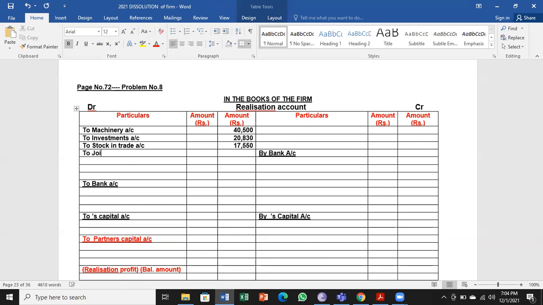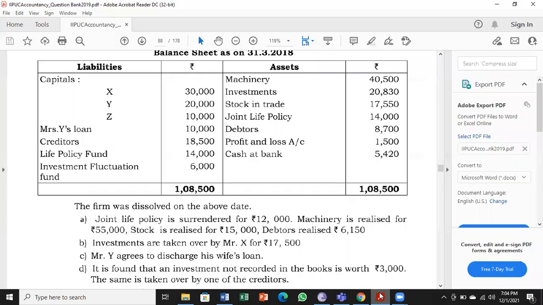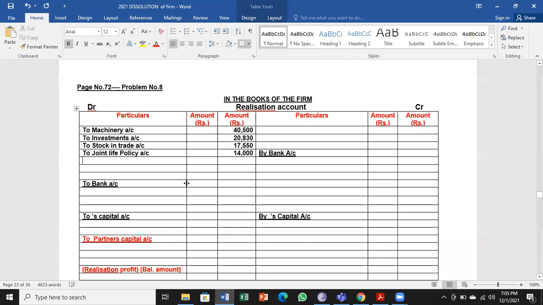Then joint life policy account, 14,000. So we are done with stock and joint life policy. We are left with only one, that is debtors, 8,700. To debtors account, 8,700.